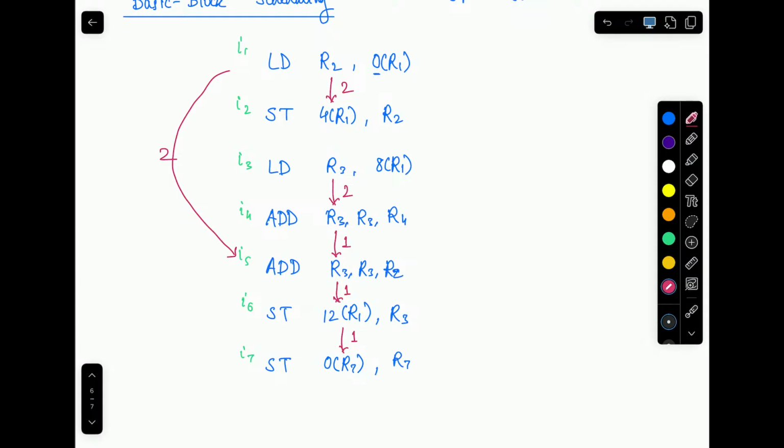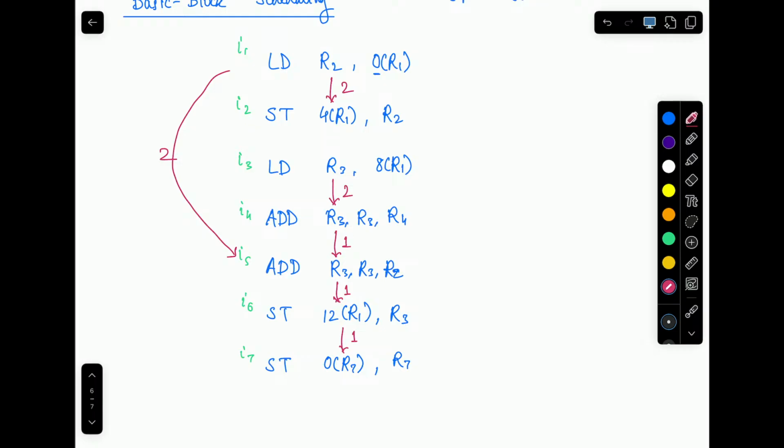So what it means is, here it is possible that adding 0 to R1 gives me the same thing as adding 4 to R1. Or rather, it's possible that adding 12 to R1 gives me the same thing as adding 8 to R1, for example, creating some dependence over here and so on.